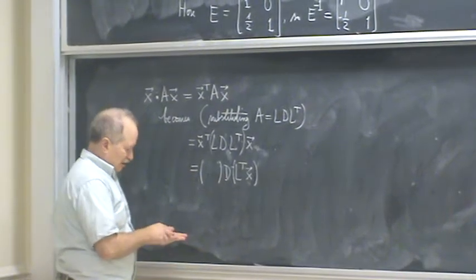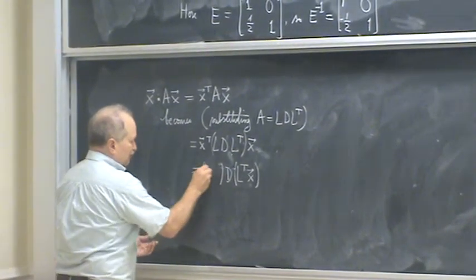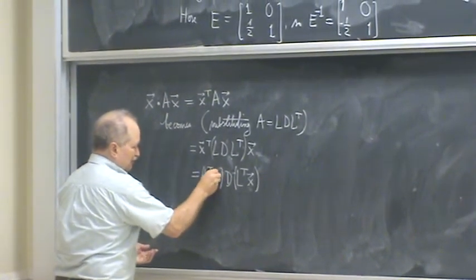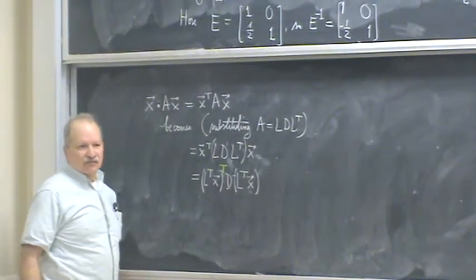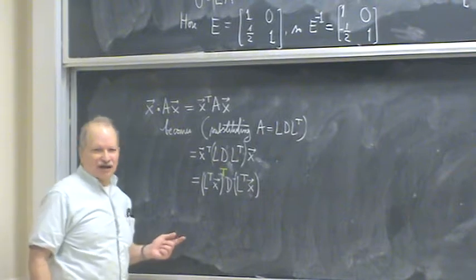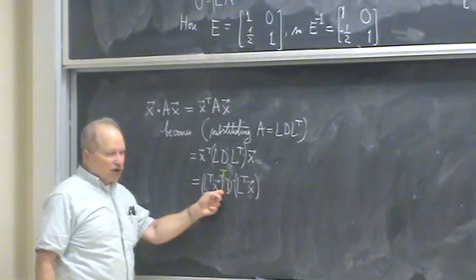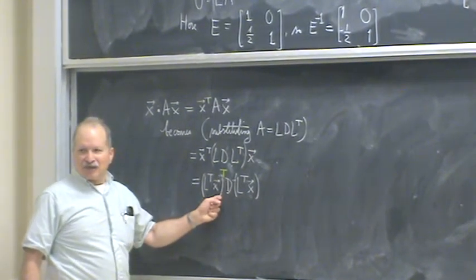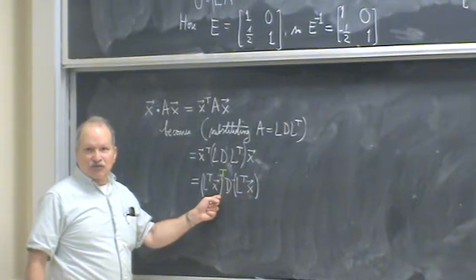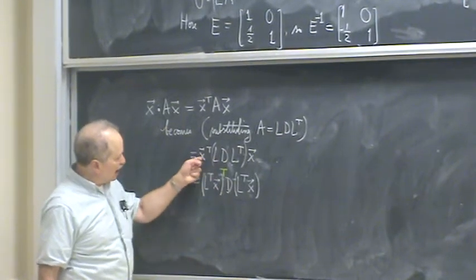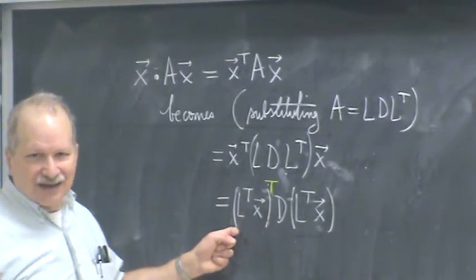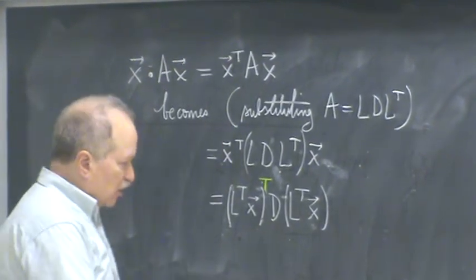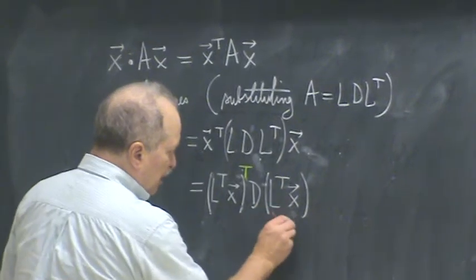Remember, what's the transpose of a product? The product of the transposes in reverse order. That's X transpose L, because L transpose transposed is L.